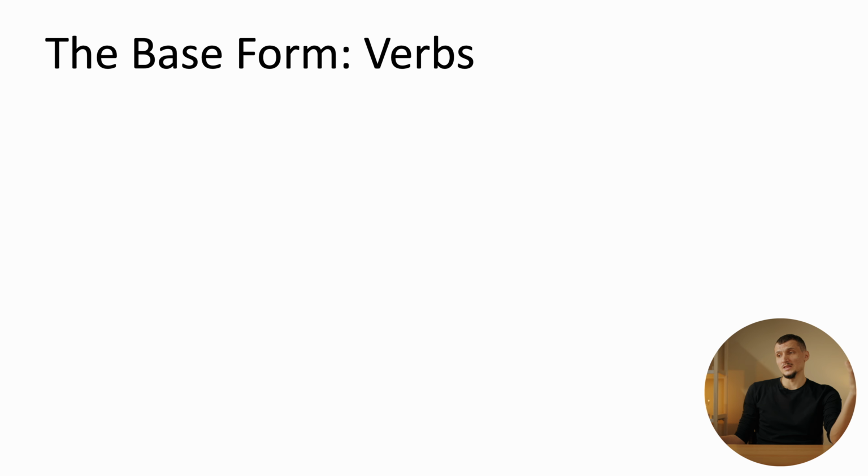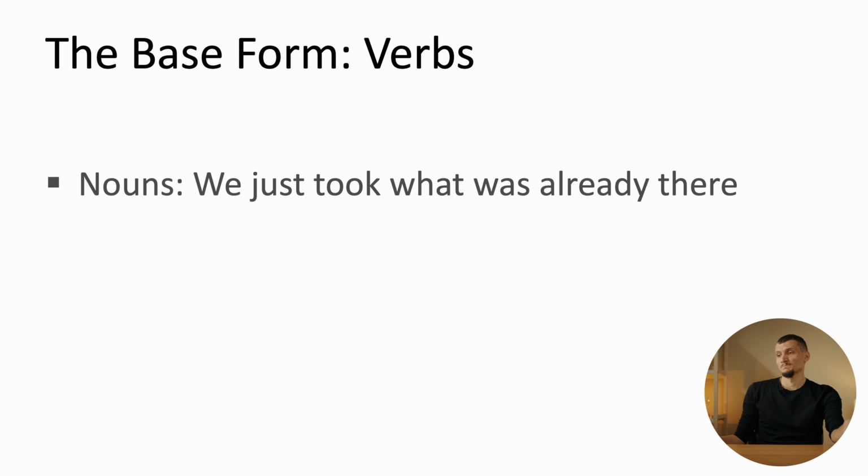And so we're only left with the world of verbs. And verbs also have a base form, we said. So with nouns, we just took what was already there. So we had gender and number and case, and with adjectives, we took a gender and a number and a case and said, let's agree, this is the base form, this is the word itself.